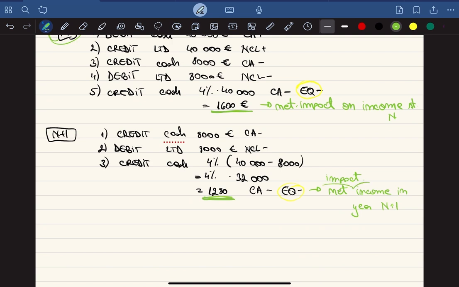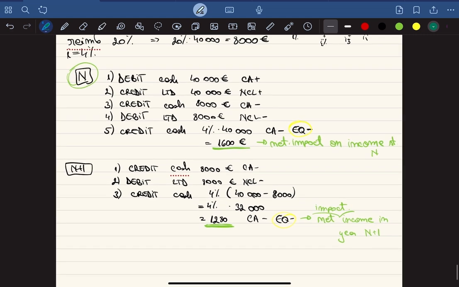Okay, now the second type of question you can have is the impact on cash. Impact on cash in year N. Here we just look at what affected cash. So the 40,000 that was added to the cash, the loan, the 8,000, that's the first reimbursement, and the interest that you paid.